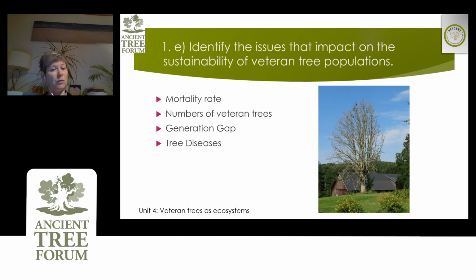Mortality rate is often higher in veteran tree populations that have become overgrown and shaded. Where you have low numbers of veteran trees, they're vulnerable and potentially unsustainable. We have many sites, for example, that have a generation gap, so there's a big gap between the oldest trees and the younger trees, then issues of tree diseases, of course. All of these things will impact on veteran tree populations, and we would expect you to be able to identify those issues.